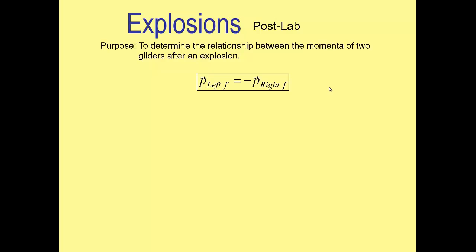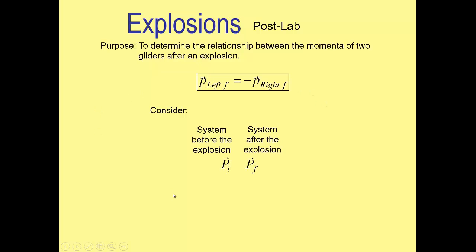But I want to turn this on its head a bit and look at this in a little different way. Rather than doing what we did in the lab, which is compare the momenta of the gliders after the explosion, what if we called those two gliders a system, and we then compared the momentum of the system before the explosion, which I'm going to call P sub I for initial, to the momentum of the system after the explosion, which I'm going to call P sub F, final momentum.